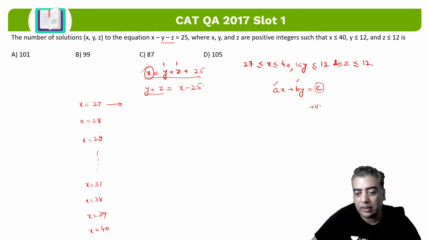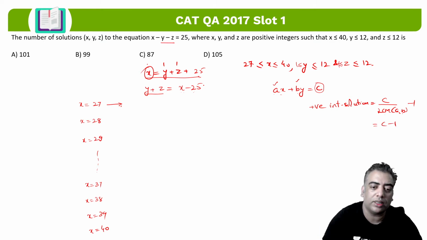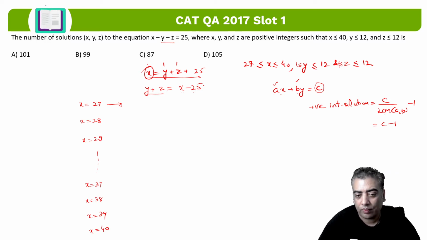Then positive integral solutions will be c divided by LCM of a and b minus 1. The moment you see that a and b are 1 and 1, so LCM of a and b will be 1, so your total number of solutions will be straightaway c minus 1. That makes our job very easy and quick, right?